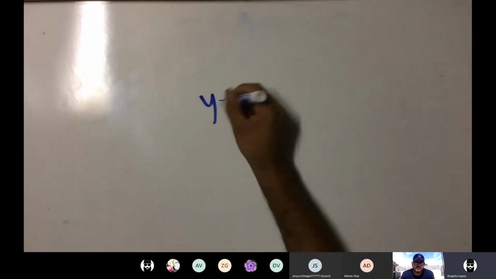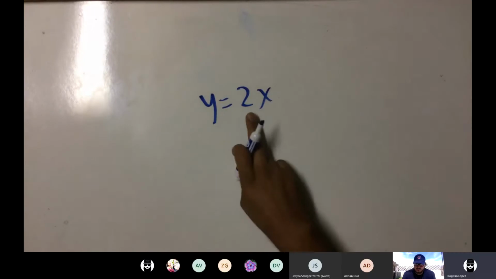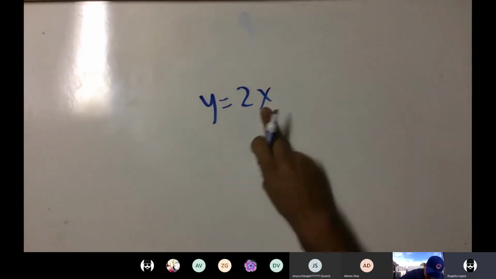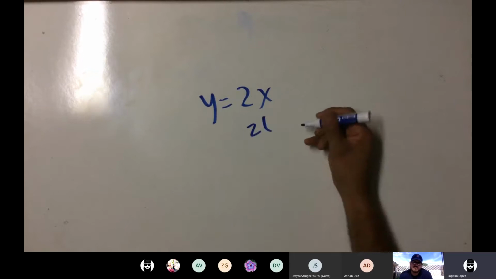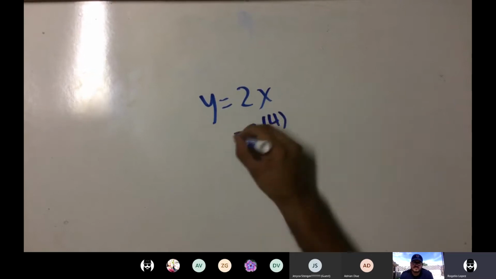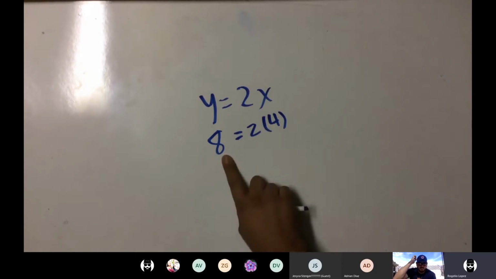All right. So a function, what the heck is a function? Well, a function is a formula like y equals 2x. That's a function because a certain x will give you a certain y. So if I put in, let's say I choose 4, that would give me 8 because it's 2 times 4 equals 8.